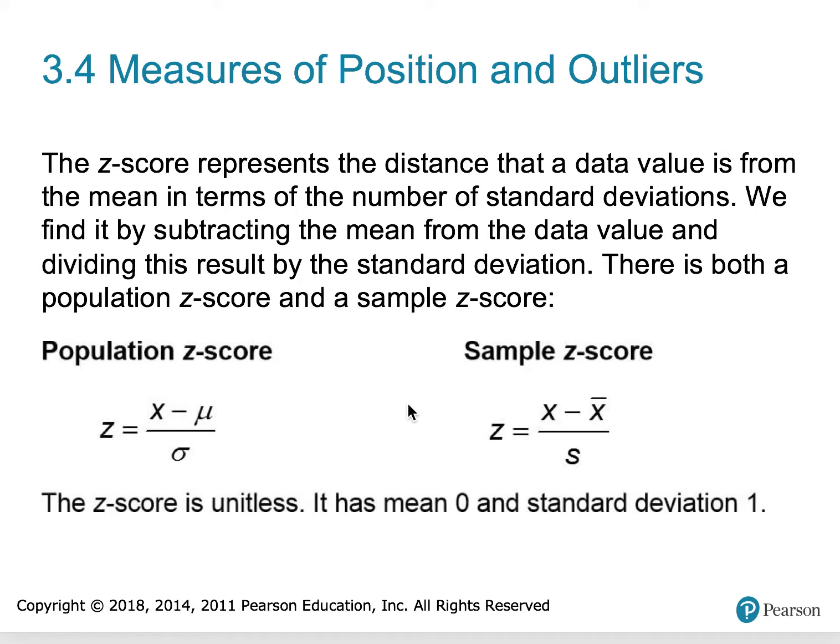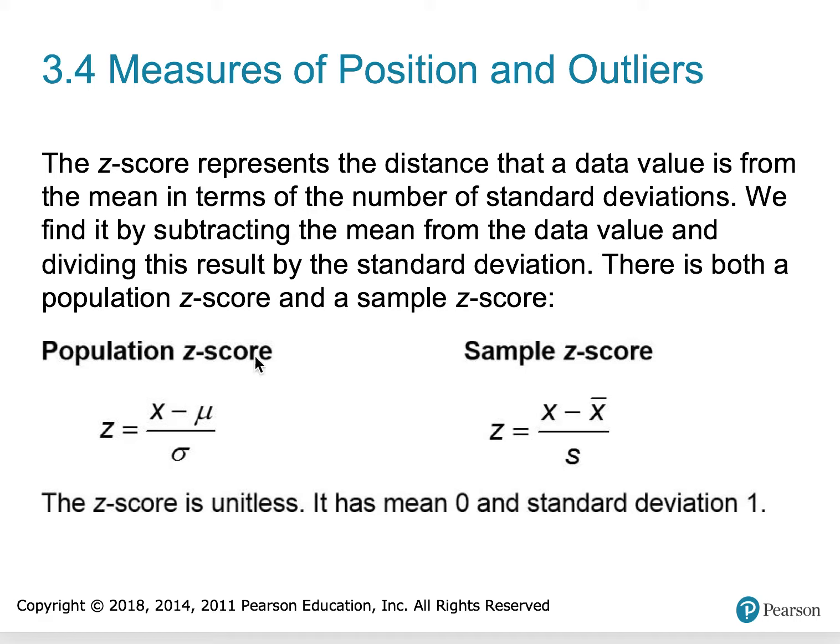So we can do this using a z-score. The z-score represents the distance that a data value is from the mean in terms of the number of standard deviations. We find it by subtracting the mean from the data value and then divide by the standard deviation.